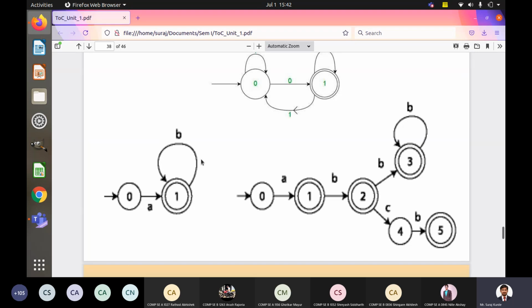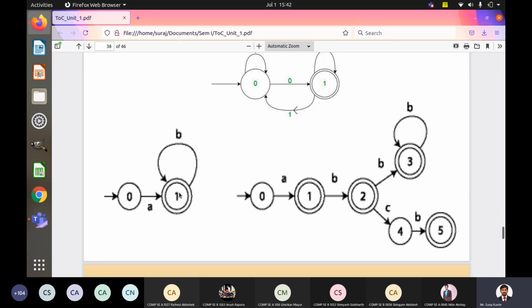What it means is that B can be repeated, or B can be provided as input, 0 or more times. This is called the Kleene star. Star is 0 or more times. So B can be provided as an input and repeated 0 or more times, and the next state will always be 1, and the string is accepted.